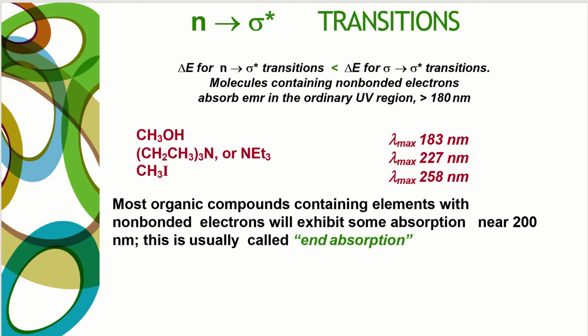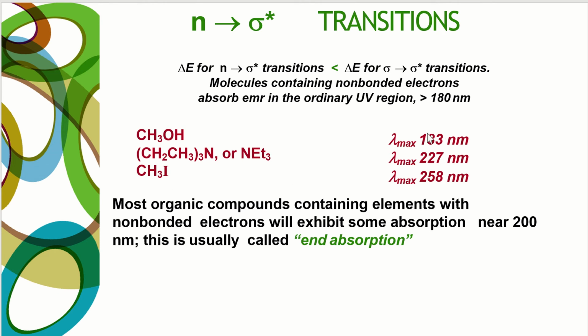All right, so as we mentioned a while ago, our non-bonding electrons absorb in the ordinary UV region, lambda max being greater than 180 nanometers. So these are examples of those types of compounds. So we have methanol, triethylamine, and iodomethane here.